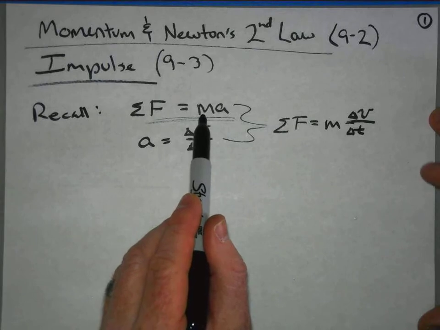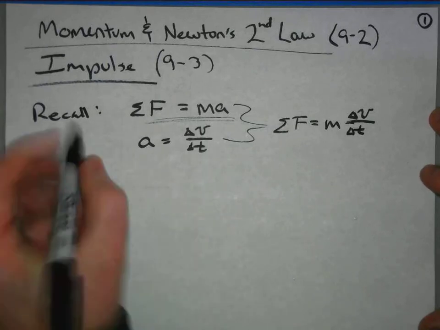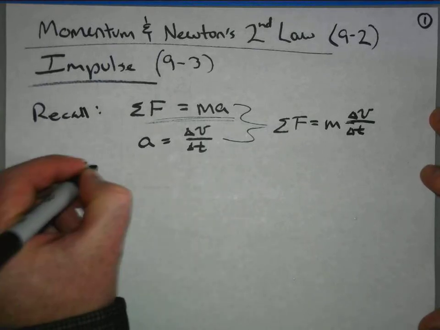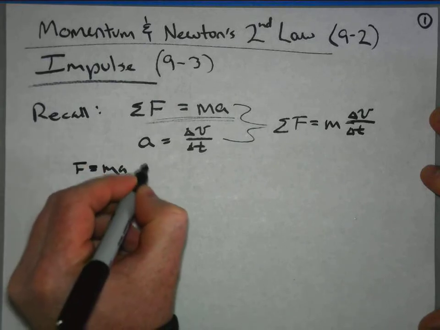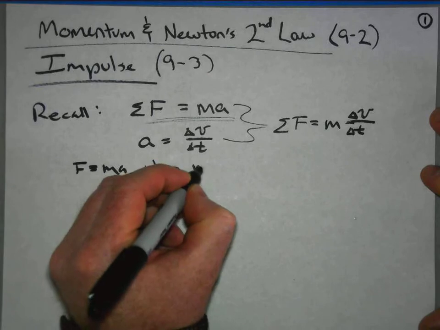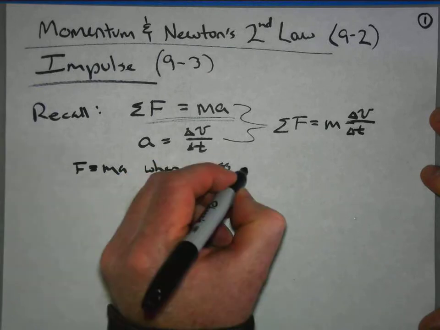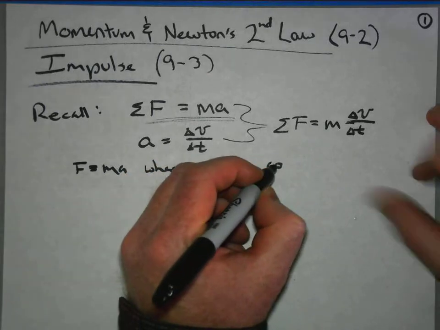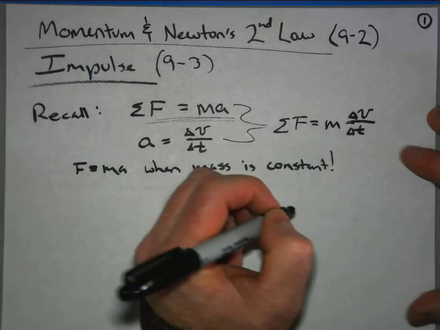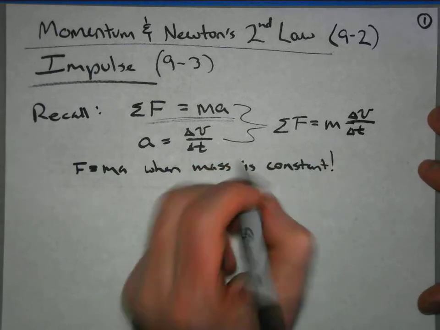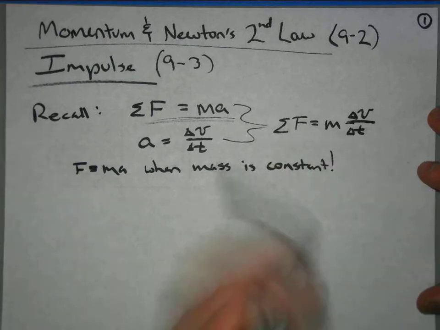We need something more general. So this F equals ma really is for a special case when mass is constant, right? And our general case is something we're going to want.